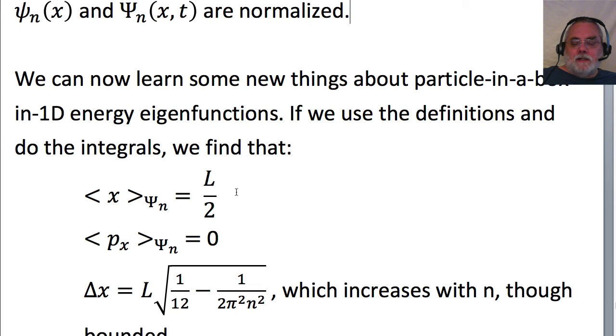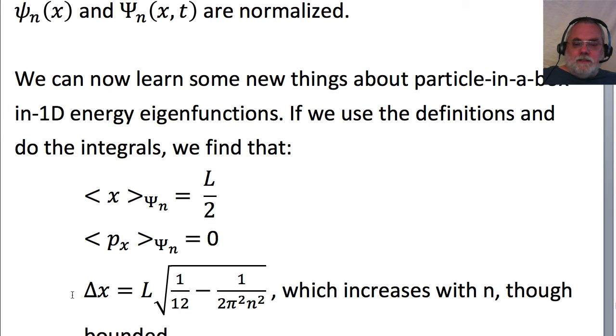It's the middle of the box, independent of n and independent of time for the energy eigenfunctions. And the expected value of momentum is 0, independent of time and independent of n.